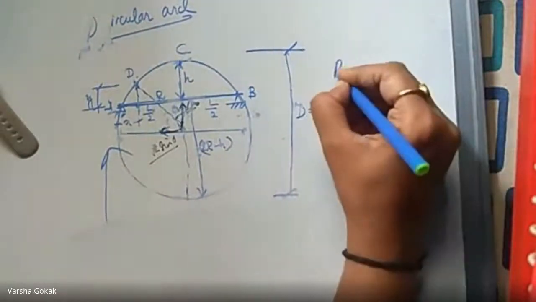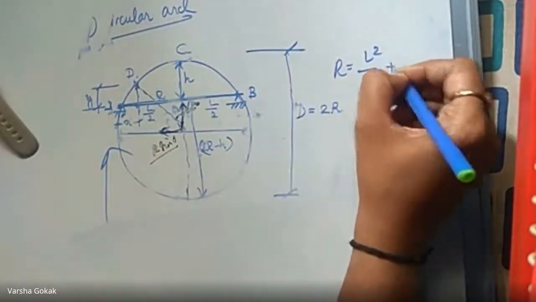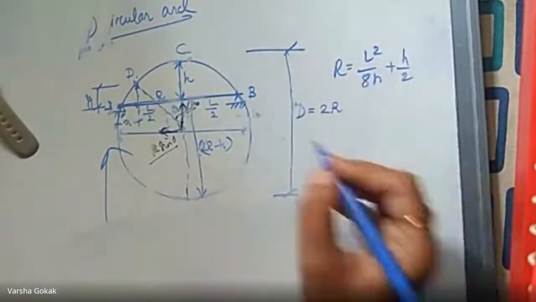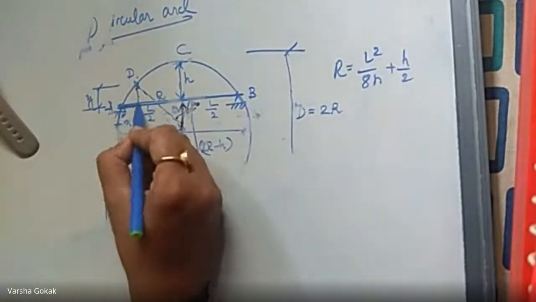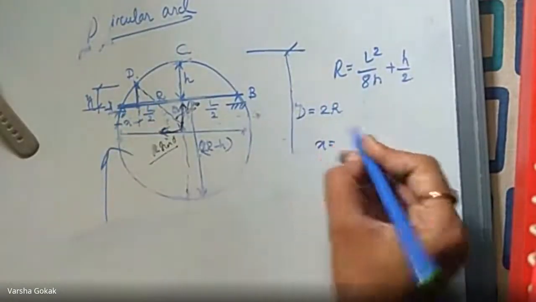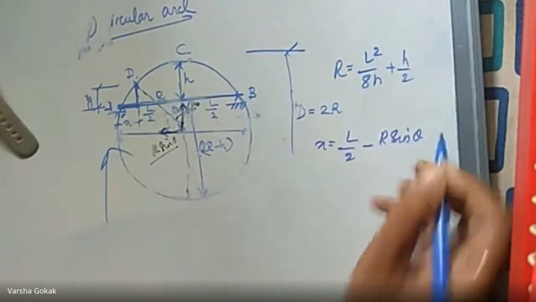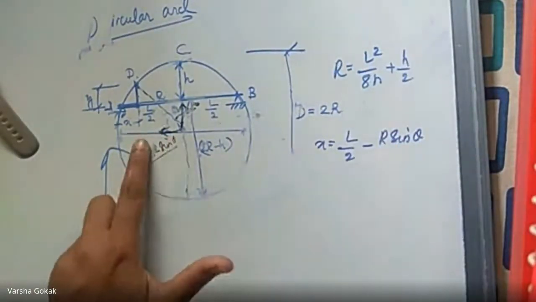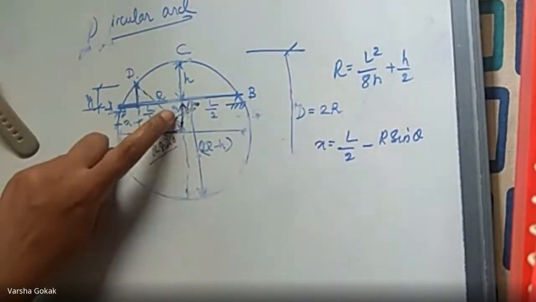First, I'll write what we got for R. We found R as L square by 8H plus H by 2. We have found this. And then when we write the coordinates X and Y, X is given by L by 2 minus R sin theta. So I said this is R sin theta, this is R cos theta, when I resolve this radius R with respect to this theta.